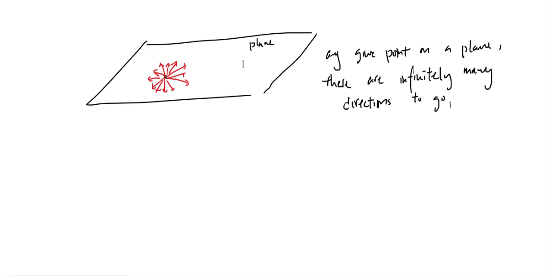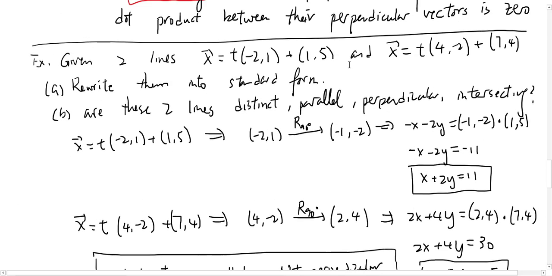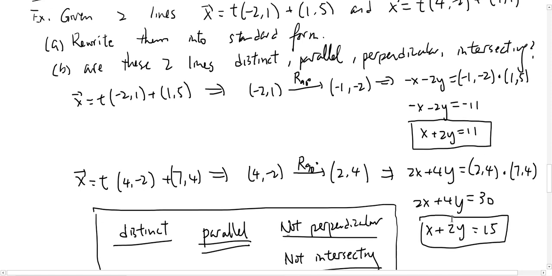Just like with lines, parametric representations can be very different, but once you form it into a standard form, it becomes pretty unique. And you'll be able to identify quite easily whether the lines are the same or different. You can also identify perpendicularity and solve for intersections and things like that. All that becomes a lot easier to do.